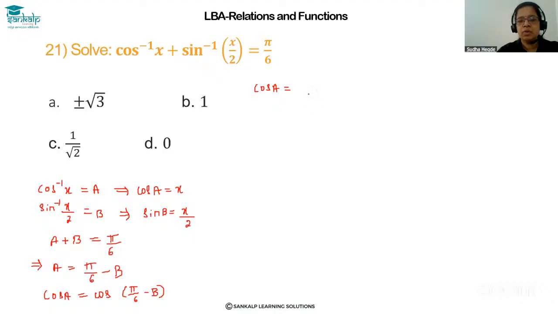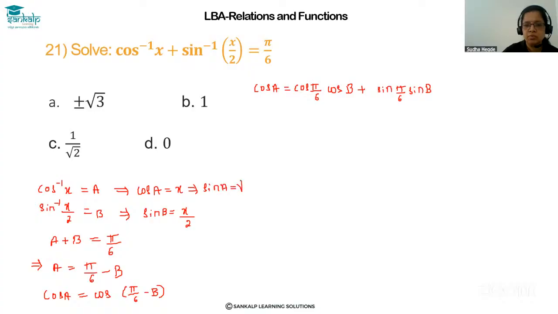It is cos A cos B plus sin A sin B. Therefore, you can write it as cos of pi by 6 into cos B plus sin of pi by 6 into sin B.